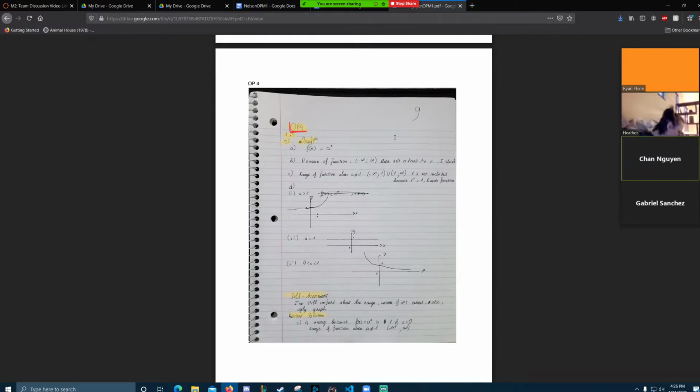So, range of the function when a does not equal 1.